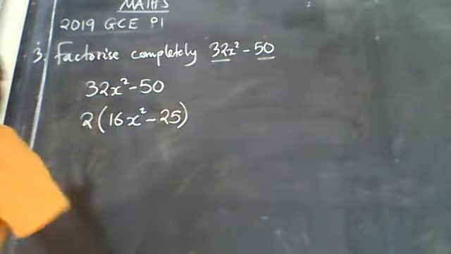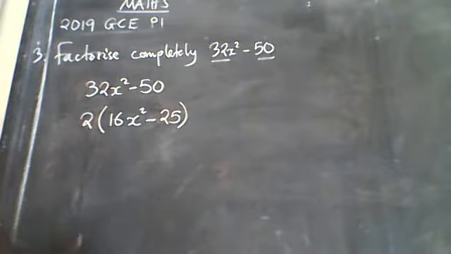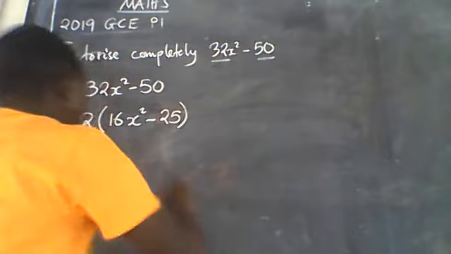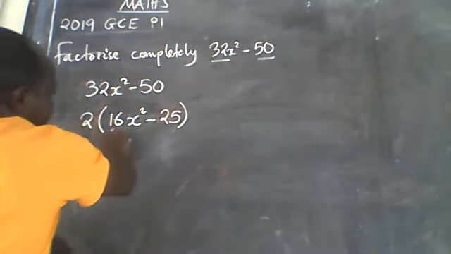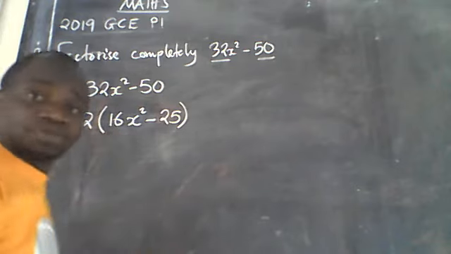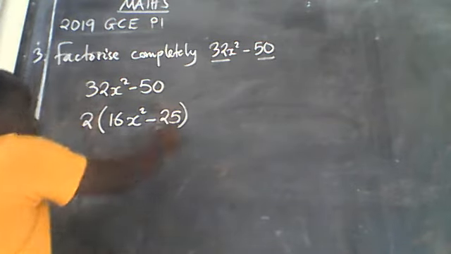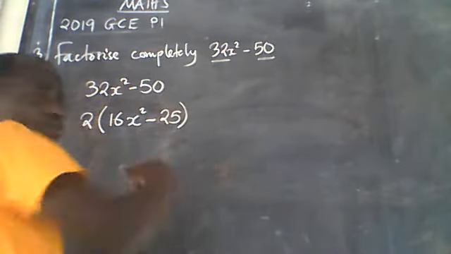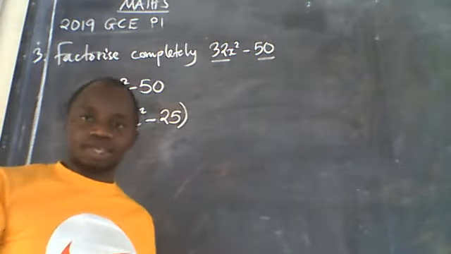At that point, the 2, you just keep carrying this 2 until the final answer. Your job now is to concentrate on what is here, the brackets. Okay? So now you can see that 16 can be expressed in square form. 25 can also be expressed in square form. If you leave it here and you think maybe you are done, you have not done anything there.